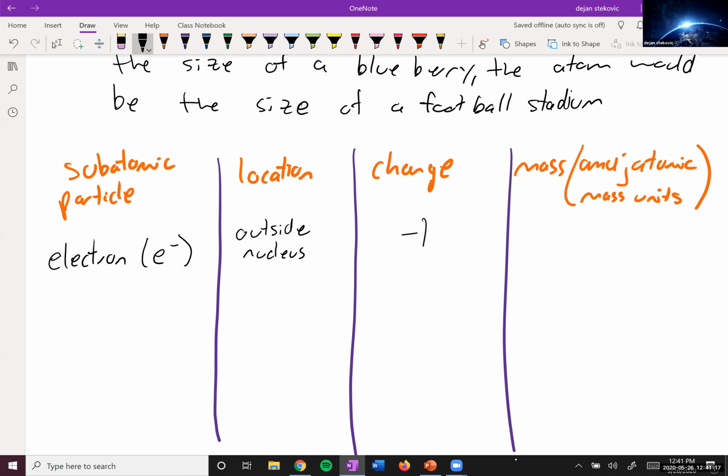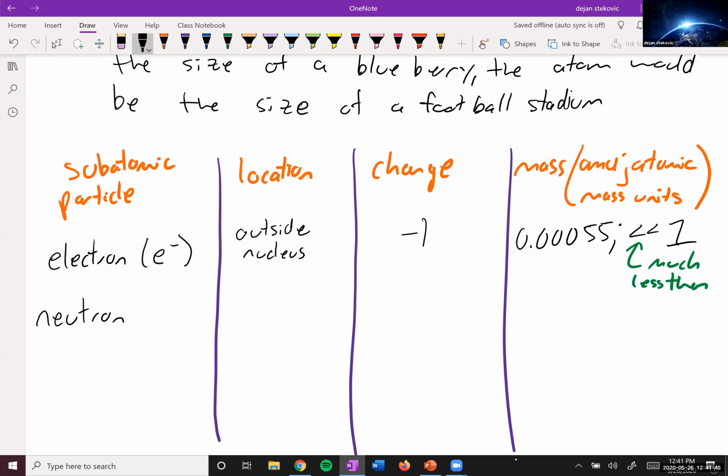As we said previously, the nucleus makes up most of the mass, and the electron is outside the nucleus, so it's very, very small. So it weighs about 0.00055 AMU. What we'll say is just much less than 1. So if you see this double less than, that means much less than. Right, so the electron weighs almost nothing.